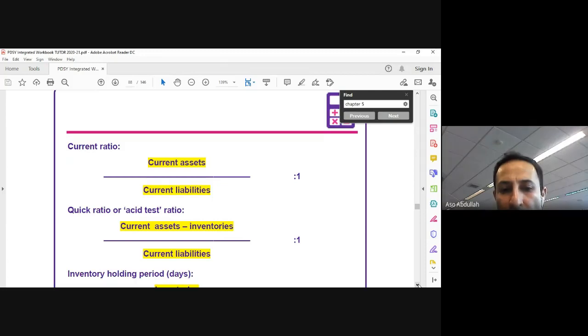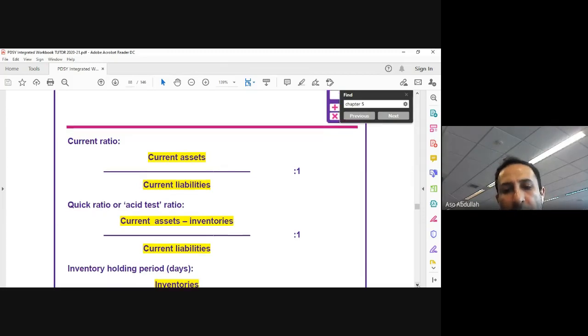This is the other way to understand the current ratio. Probably the first one may not suit some companies, so they will focus on the second option because it suits their purposes.